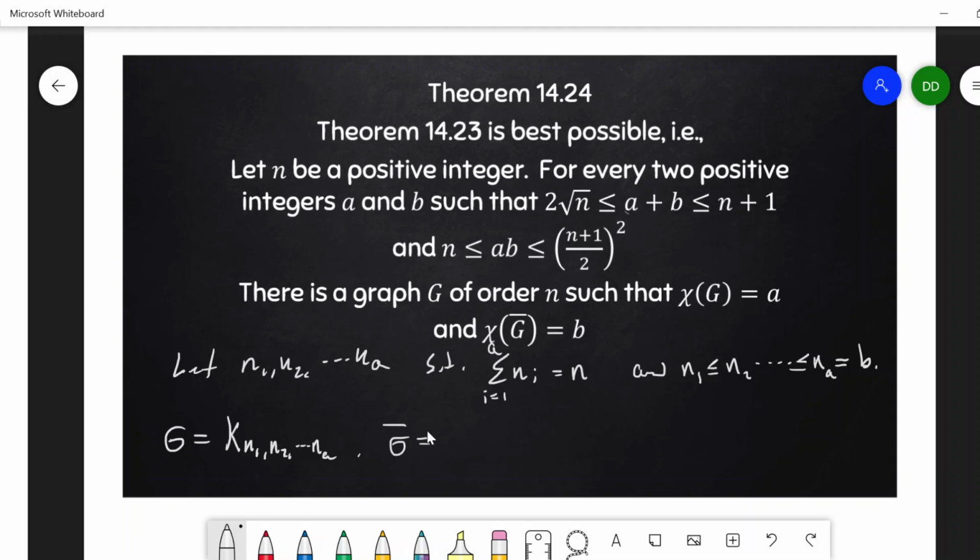It'll be disconnected. So this will be K n1 plus K n2 up through K n sub a.